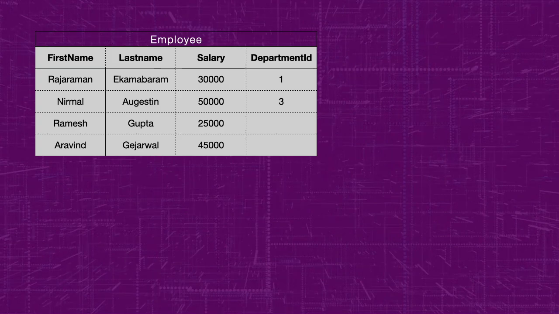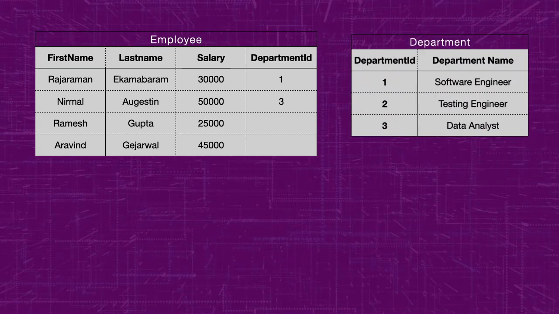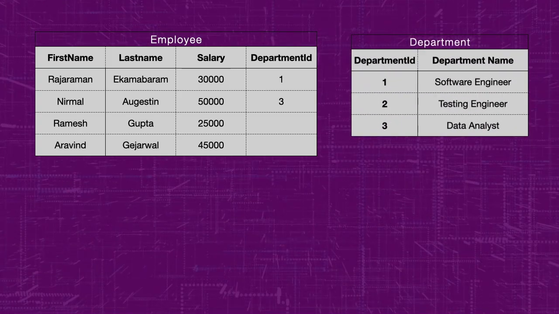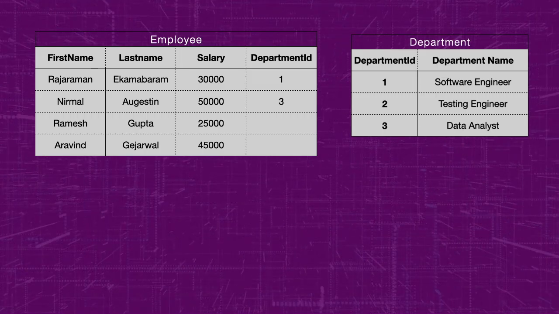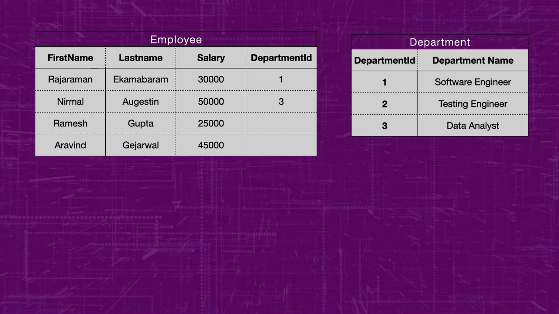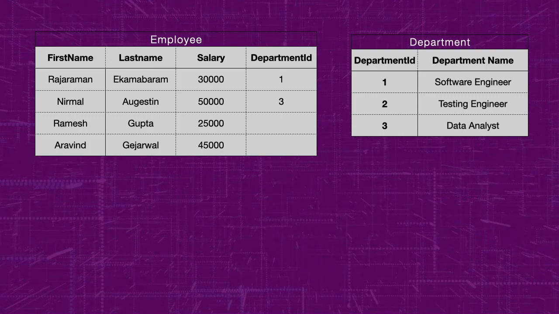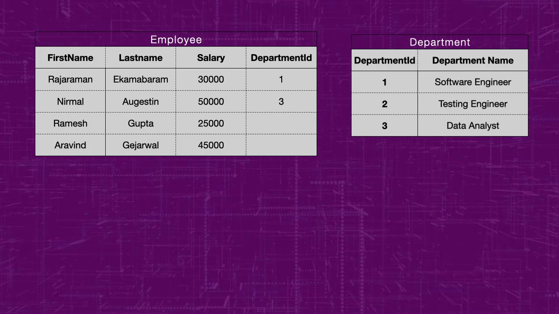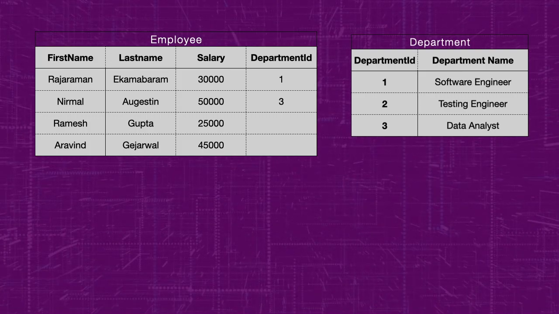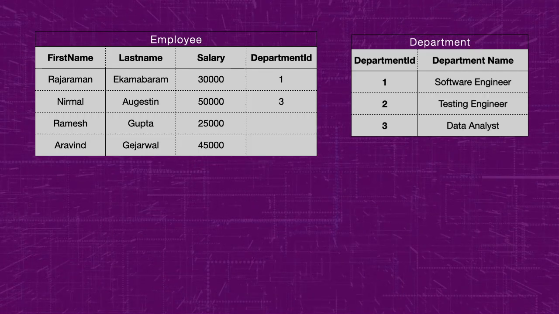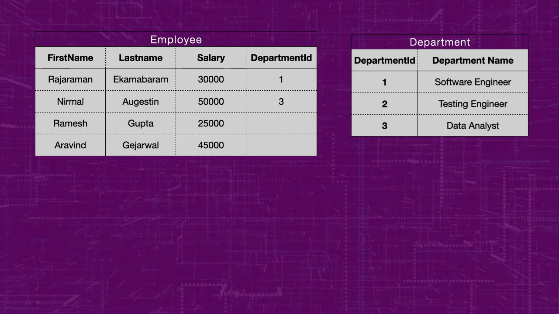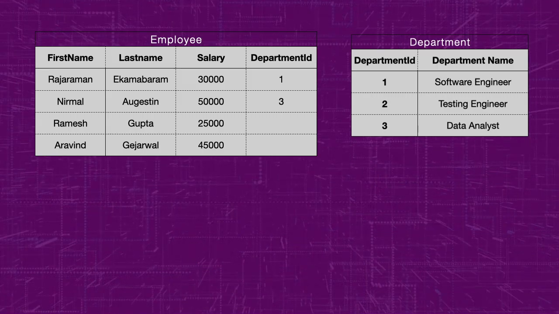Let's say there is an employee table which consists of first name, last name, salary, and department ID, and the other table is department, with department ID and department name. If we want to join these two tables, we need to find the intersection column. We have the department ID, which is present in both employee as well as department.